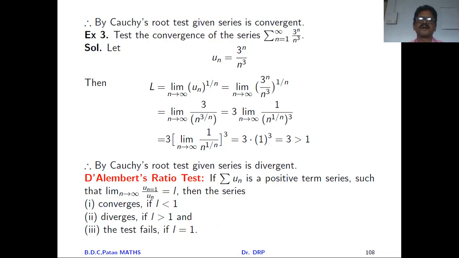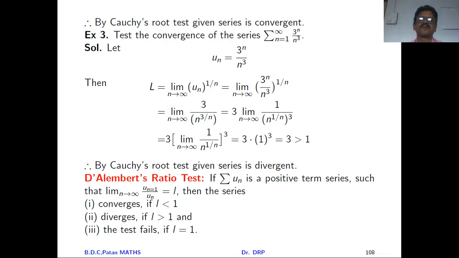What is the statement? Un is given as a series of positive terms, and we calculate the limit of un raised to 1 upon n as n tends to infinity, and if that limit is L, then you check whether that L is less than 1, greater than 1, or equal to 1. If L is less than 1, similar to geometric series, we say the given series is convergent.